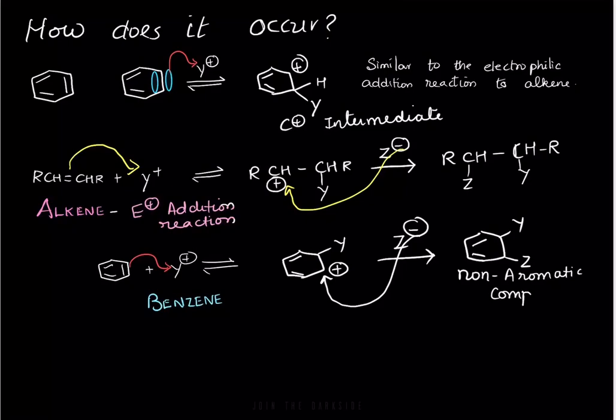But usually, when you take a reaction, formation of a stable compound is preferable. If the reaction goes another way, where this nucleophile goes and abstracts a hydrogen which is present on the same carbon as the electrophile, then it's going to form an aromatic compound.